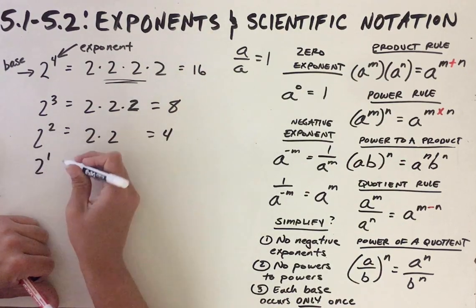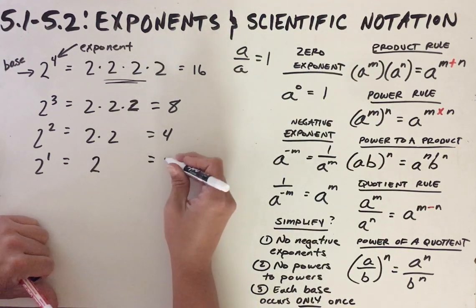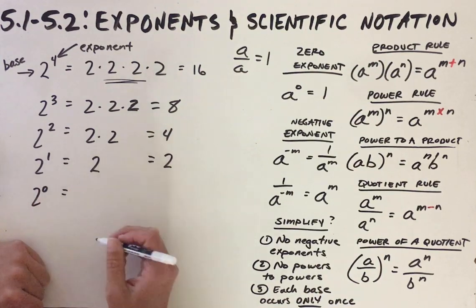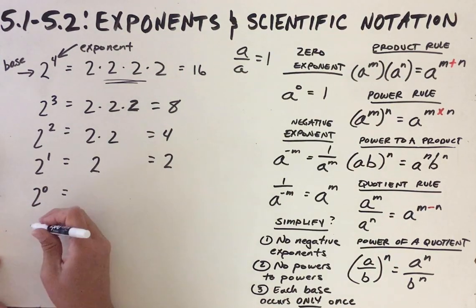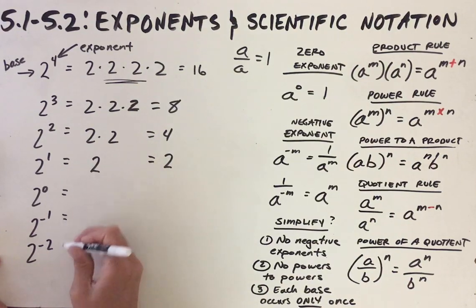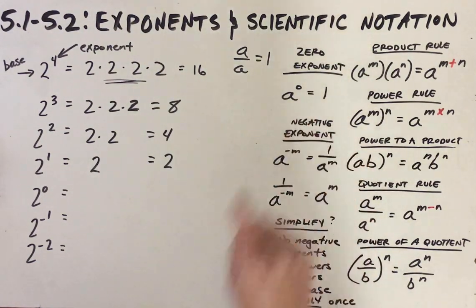And if I have 2 to the first power, that would just be a single 2, and that would be 2. And if I have 2 to the 0, okay, now let's see if we can figure this out or prove that negative exponents really do turn out like this. We're also going to discover this rule right here.